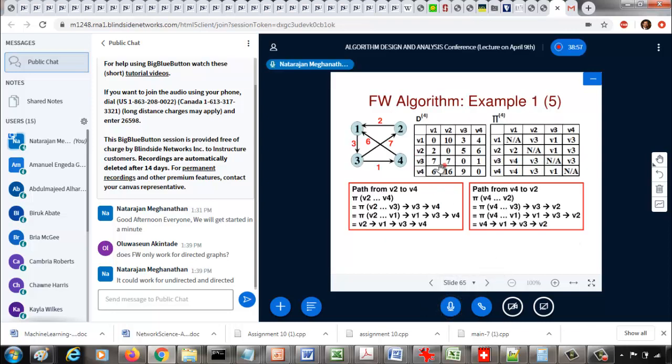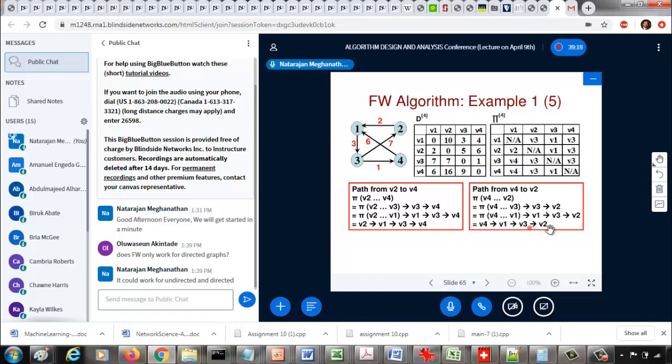So at the end of the 4th iteration, when I say this is a distance matrix, that means that is the shortest possible distance we can arrive at by considering all possible combinations of vertices 1, 2, 3 and 4. And these are the combinations. For example, from V2 to V4, this is the combination we have to choose for a shortest path distance.